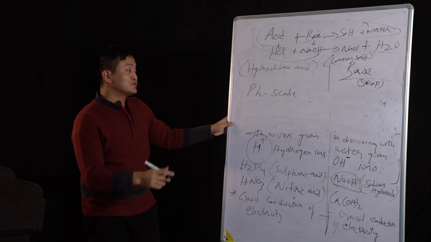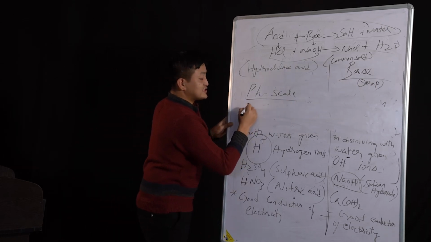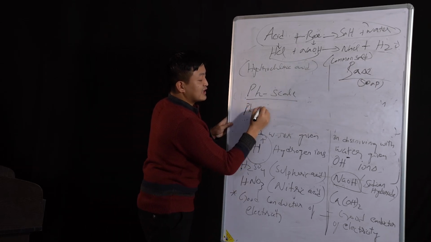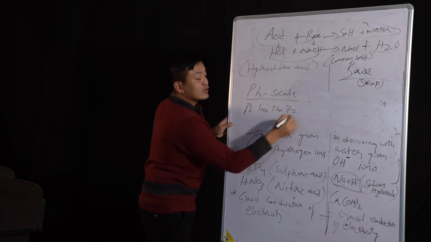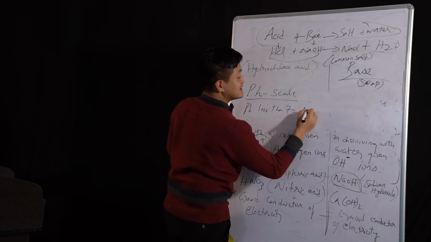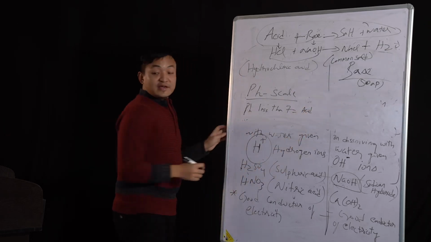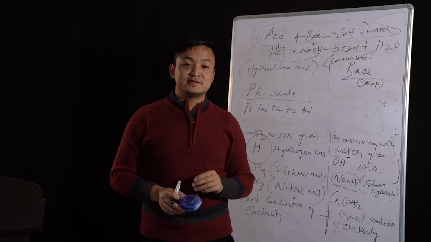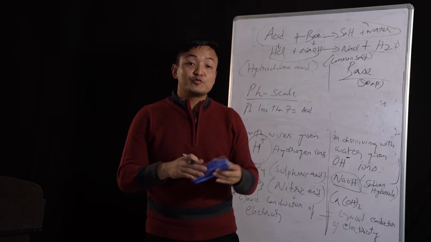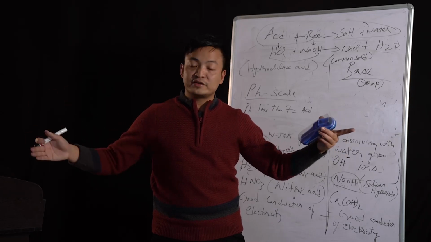But what I want to say today is pH less than 7 is known as acid, and pH greater than 7 is base. Clear? The pH scale goes from 1 till 14.